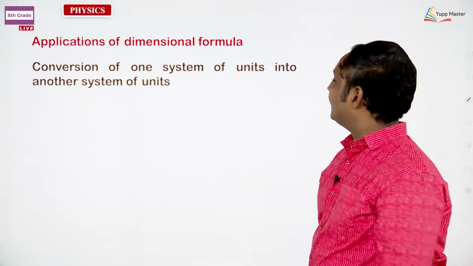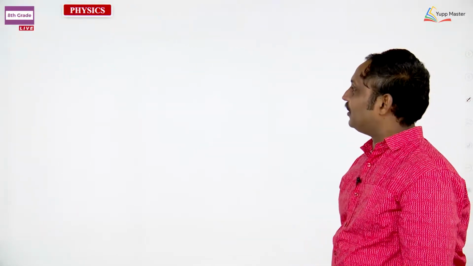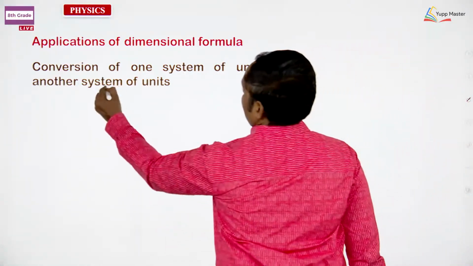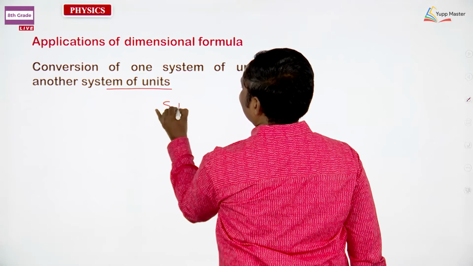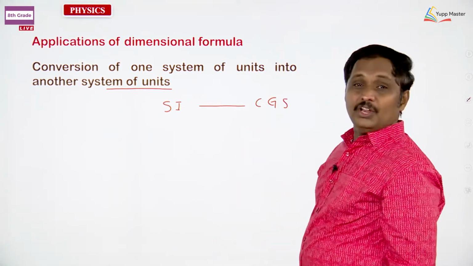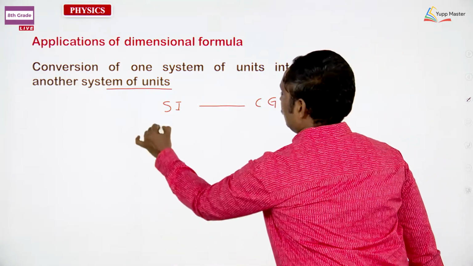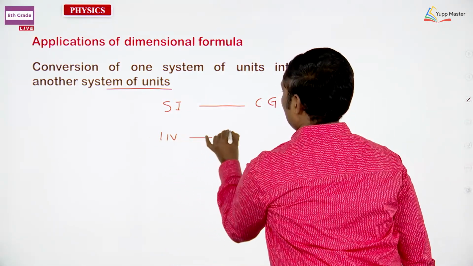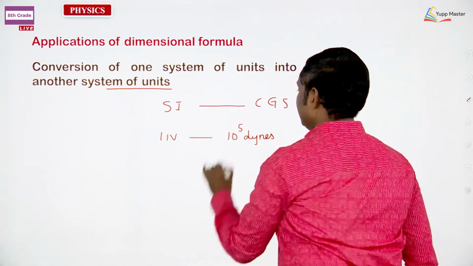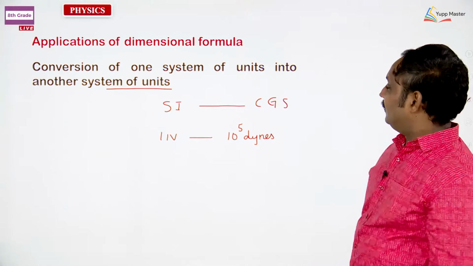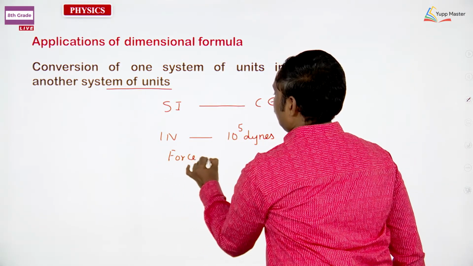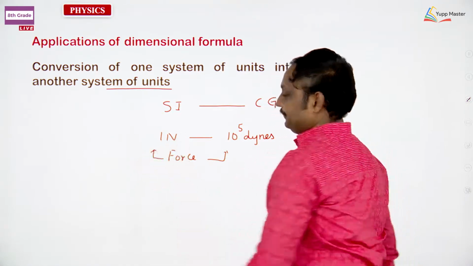Already we have discussed the applications of dimensional formulas, the conversion of one system of units into another system. So is it possible to convert SI to the CGS system? If you take that 1 Newton is equal to 10 power 5 dynes, how it has been obtained we have seen. These are all the expressions for force.